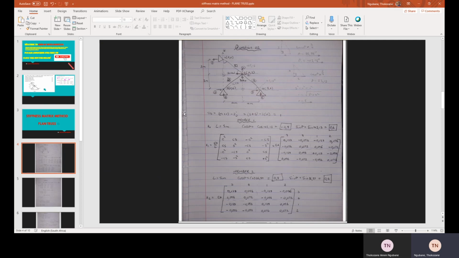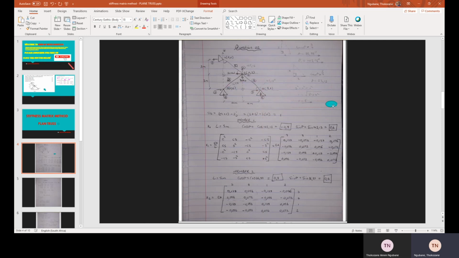I'm sharing my PDF. I hope you guys can see it. I have drawn the structure here so you can see. First of all, we need to determine the forces here. So we need to find the forces of these members.